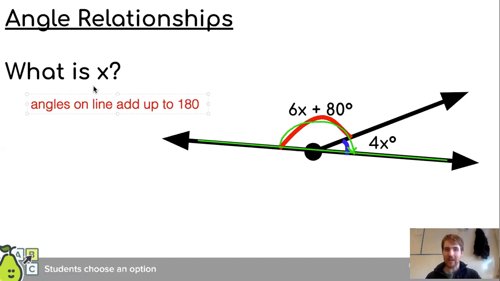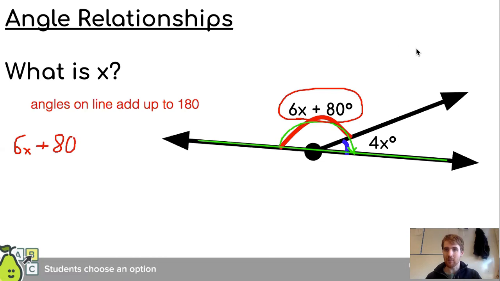Now again, it's a matter of taking this thing that we know and turning it into a math equation we can solve. So what are the angles on the line? Well, we've got this red angle right here, 6x plus 80.